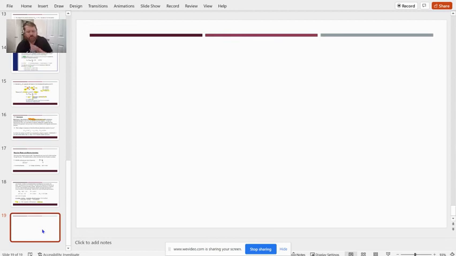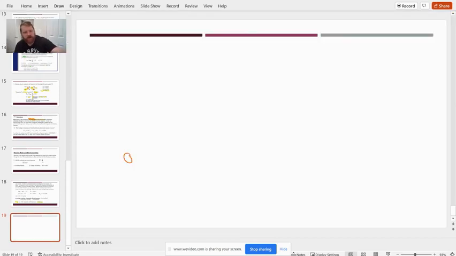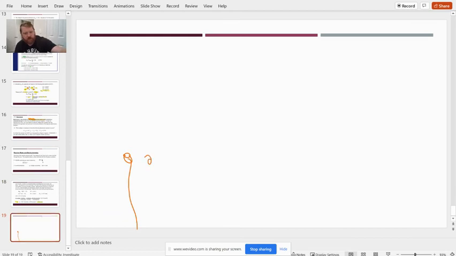When we talk about cell potential or voltage, we're talking about how far something can drop. We have this potential, we have an object and it can drop. Every time magnesium gives away 2 electrons, those electrons have a potential of dropping 2.37.